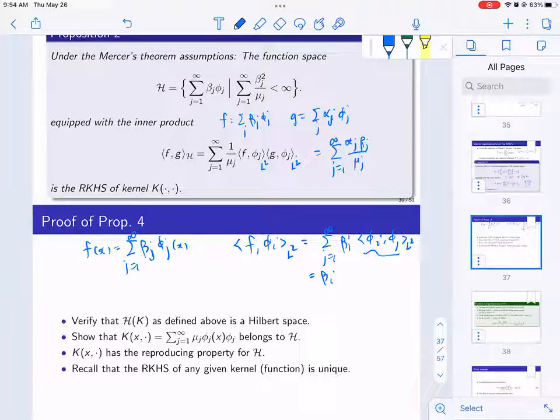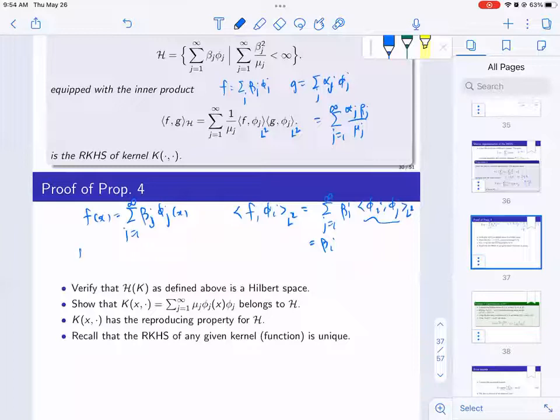And you can also see that phi j itself is an element of H. And you can also see the norm, the way we define this. What will be the Hilbert norm of phi j, if this is the Hilbert norm, the way I define it?